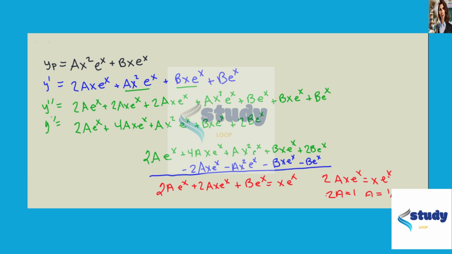And then I'd have 2a e to the x plus b e to the x equals 0. A equals 1/2, so I have 2 times 1/2 plus b equals 0. B has to equal -1.